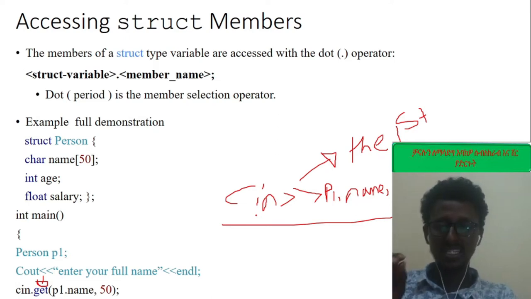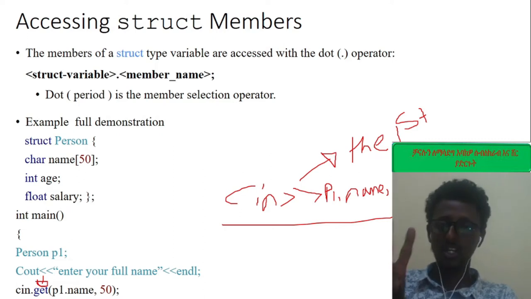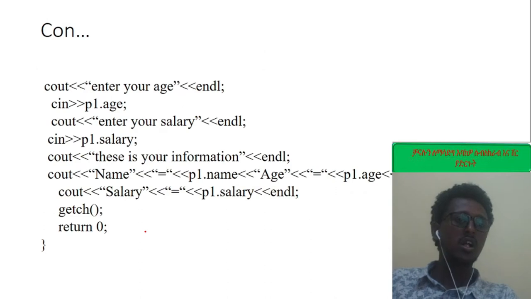When the white space occurs, it terminates receiving the next characters. So in order to receive the full name, including the space between the first and the second name, we use this get method. This is why we use the get method here.